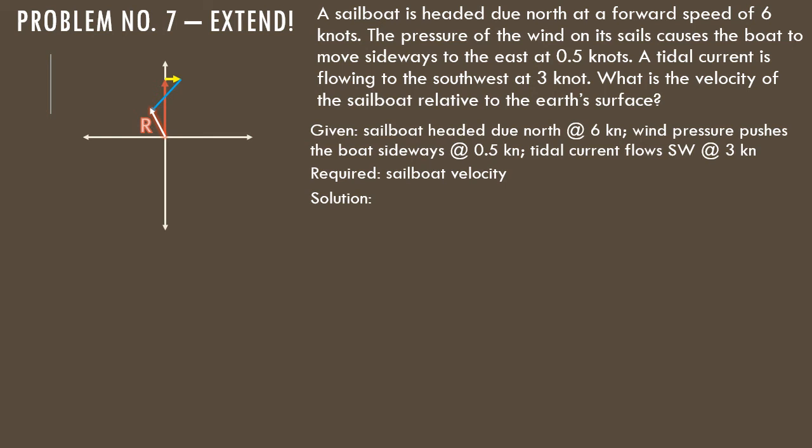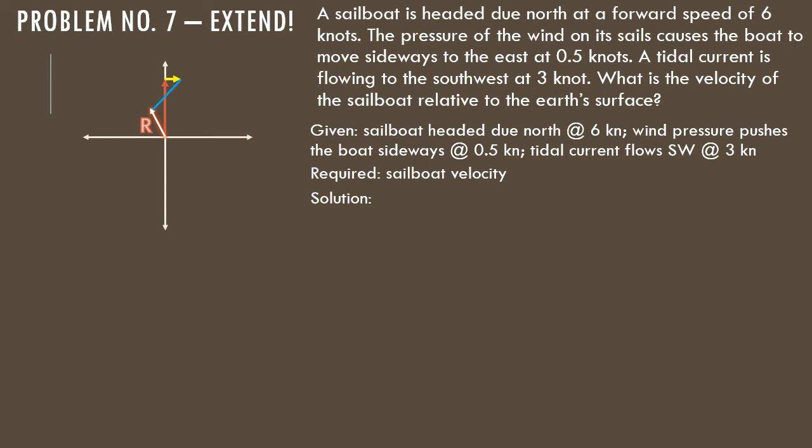So to get the resultant or the sailboat velocity, yung kukunin lang natin is from the origin kung hanggang saan yung location ng boat, which is yung last location niya na apektuhan ng tidal current is southwest.